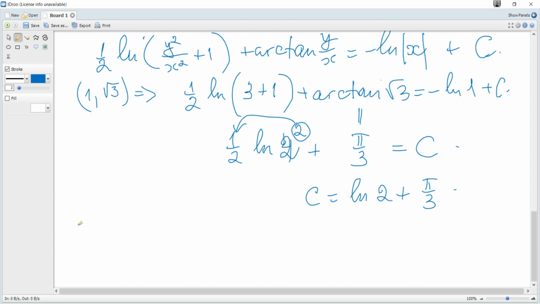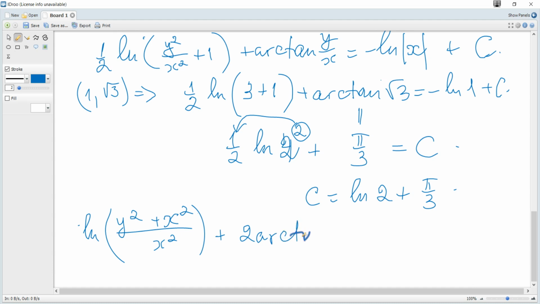Hence it becomes a half, and we can multiply each term by 2 to simplify it, so it becomes ln of y squared. And we can use a common denominator here, x squared plus y squared over x squared, plus 2 arctan y over x is minus 2 ln of the absolute value of x, and we can move this 2 to the power, and it becomes minus ln of x squared.